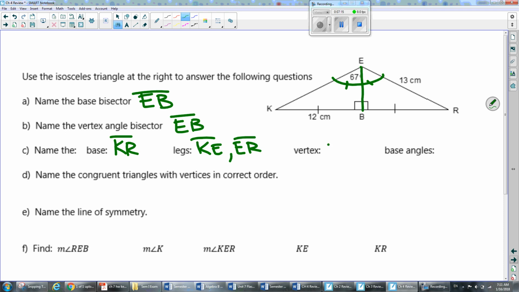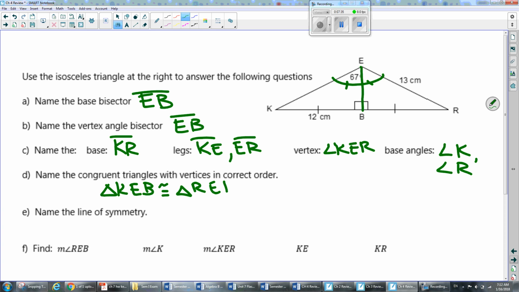Our vertex would be angle KER. Base angles, I can use just one letter, angle K, angle R. Then we need to name the congruent triangles with vertices in the correct order. So I could say triangle KEB is congruent to triangle REB. The line of symmetry would be segment EB.